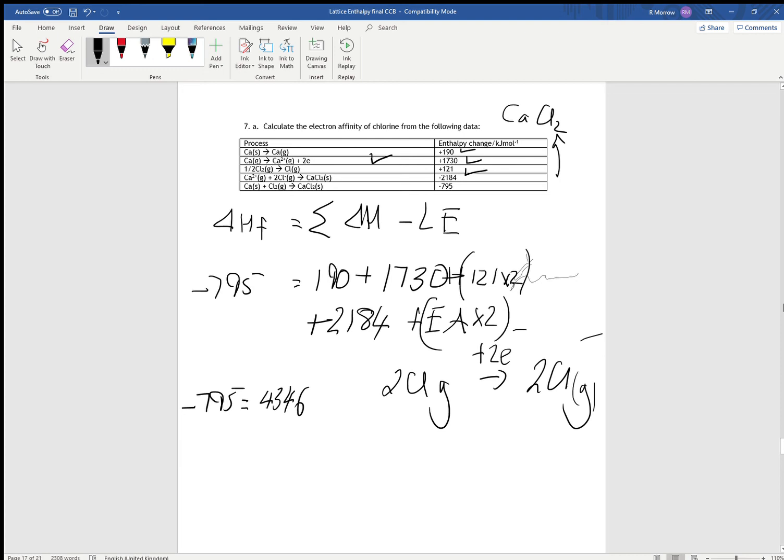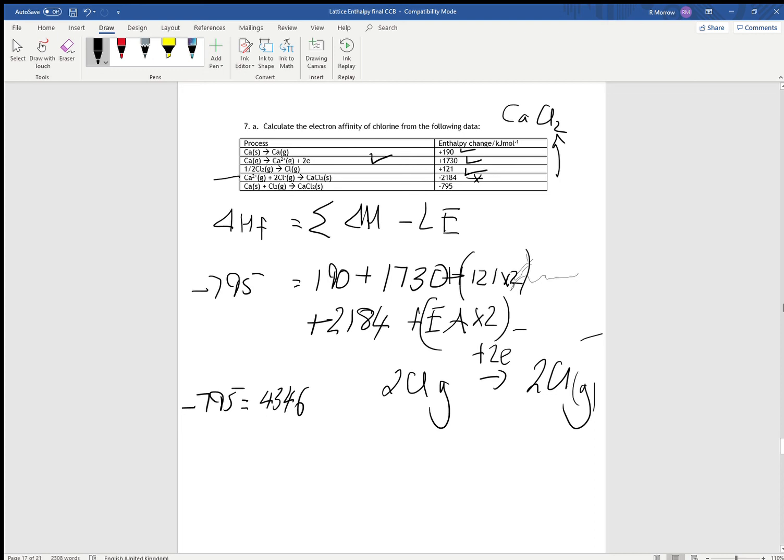Hold on. I've got a cut out here, haven't I? Normally we write our enthalpy for the lattice enthalpy for the dissociation.